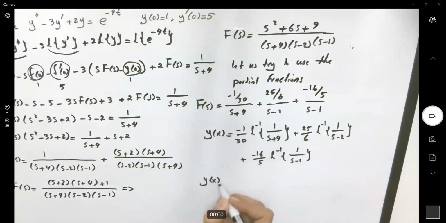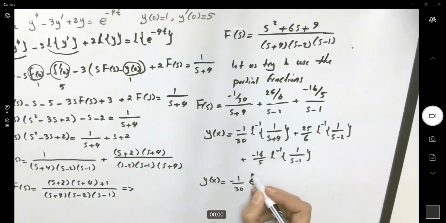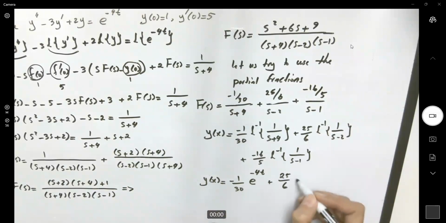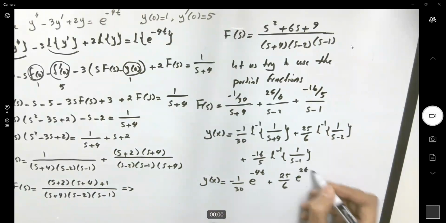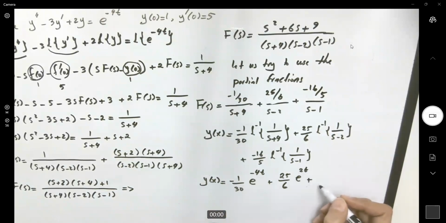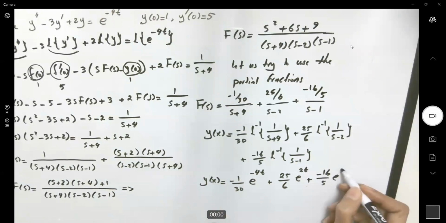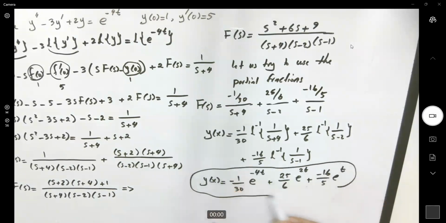So y of x is negative 1 over 30 e to the power negative 4t, plus 25 over 6 e to the power 2t, and finally the last term, negative 16 over 5 e to the power t. So we found a solution for this differential equation using the Laplace method.